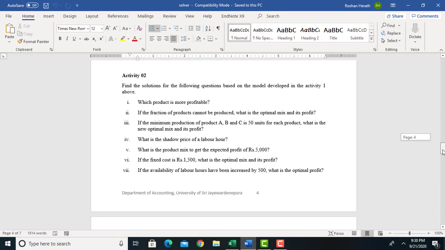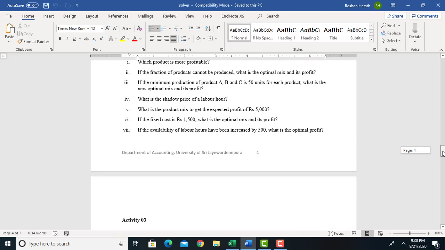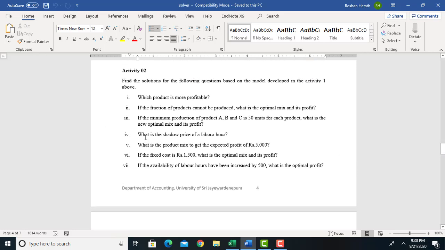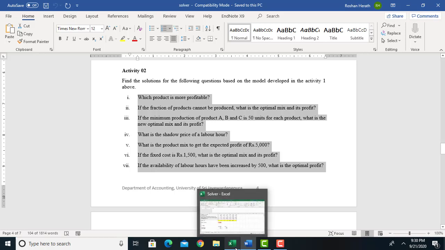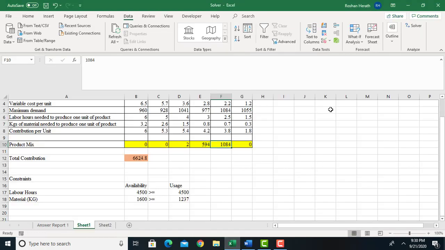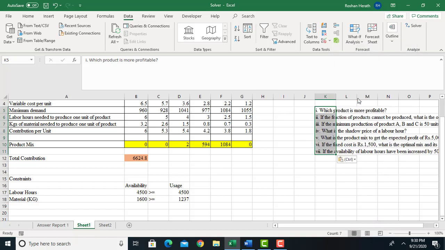Then let's look at activity 2. Find the solution for the following questions based on the model developed in activity 1. So you are given several questions. In fact, there are seven questions. You can take those questions, and we'll try to figure out the answers. So I must paste them.